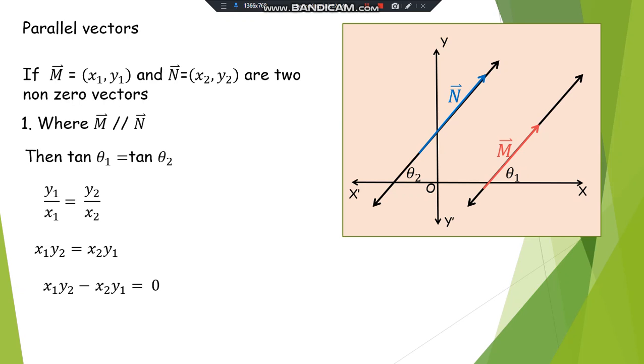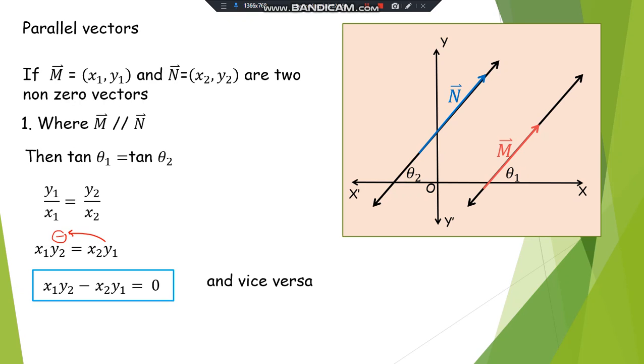If we take x2 y1 to the other side, it goes with a negative sign. So x1 y2 minus x2 y1 equals 0. This is the condition of parallelism of two vectors, and vice versa. If x1 y2 minus x2 y1 equals 0, the two vectors are parallel.